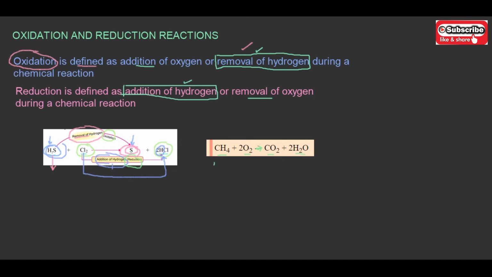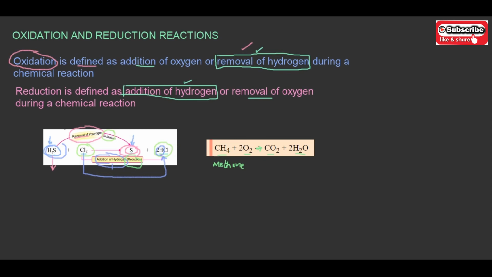Now this reaction is basically known as a combustion reaction. A combustion reaction is one in which an organic compound is burned in the presence of oxygen to produce carbon dioxide and water. Now we have to study this reaction in terms of oxidation and reduction.